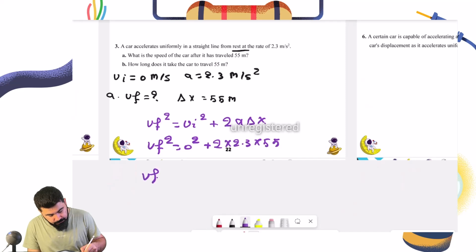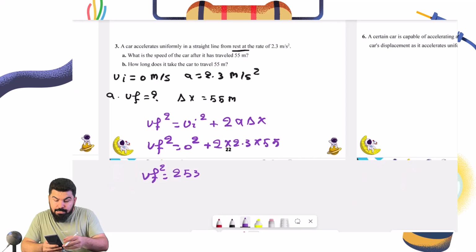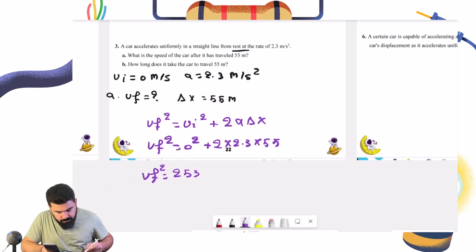Okay, V final squared, of course. Let's calculate that. 0 squared is still 0, so 2 times 2.3 times 55. We have 253. Let's take the square root of that, 253. We have 15.9.